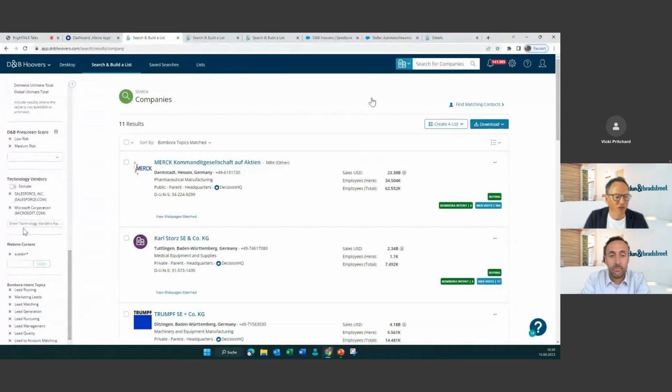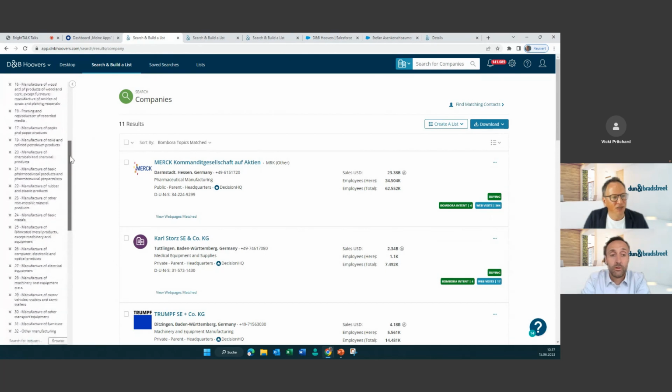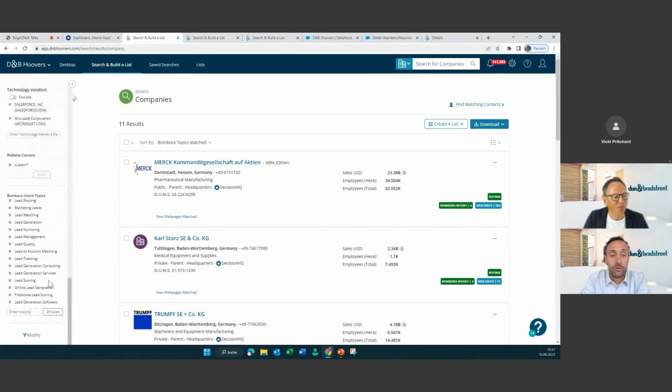That was here in sustainability. The intent data, I entered a lot of intent data. Where were they? Oh, it's below here. You see on the left side, those were the search terms, and 4 of those around 20 search terms were found here on this company. So that looks good to me.